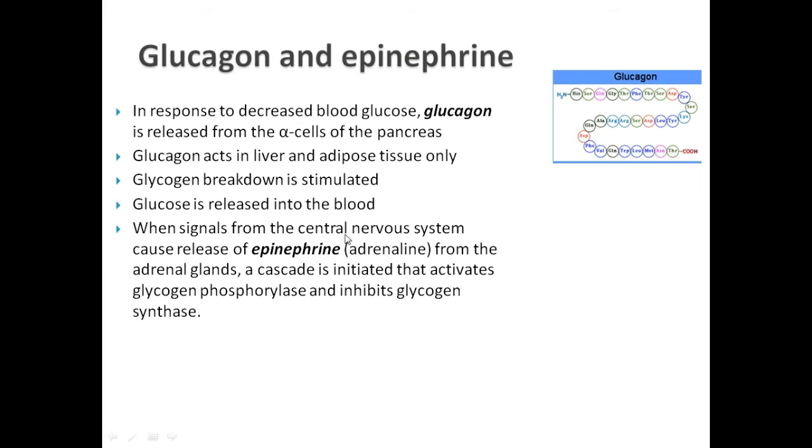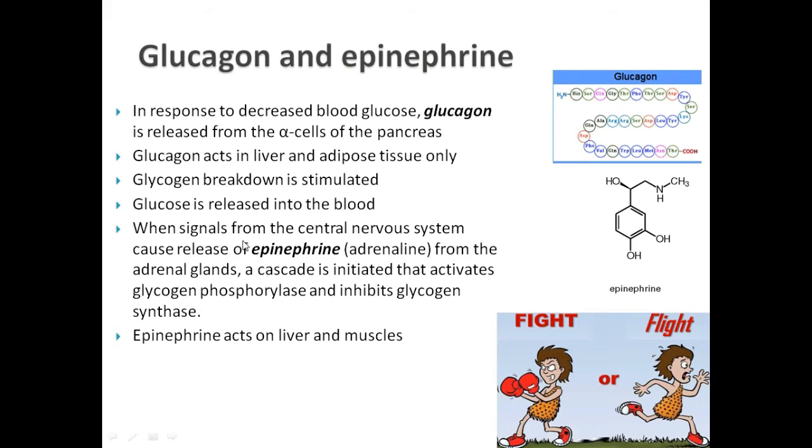When signals from the central nervous system cause the release of epinephrine, which is also called adrenaline, from the adrenal glands, a cascade is initiated that activates glycogen phosphorylase and inhibits glycogen synthase. Epinephrine acts on the liver and in the muscles because of course those are the places where glycogen is stored, and so it wants to activate glycogen phosphorylase, which means that glycogen can be broken down very quickly.